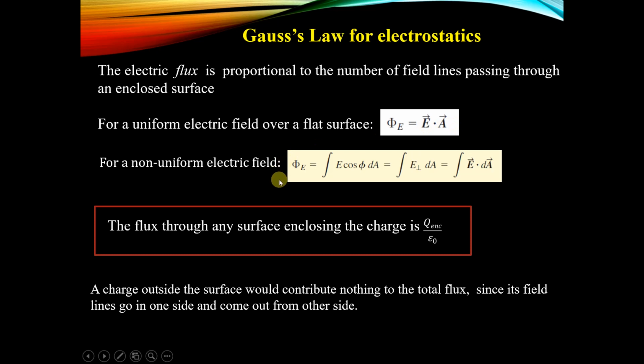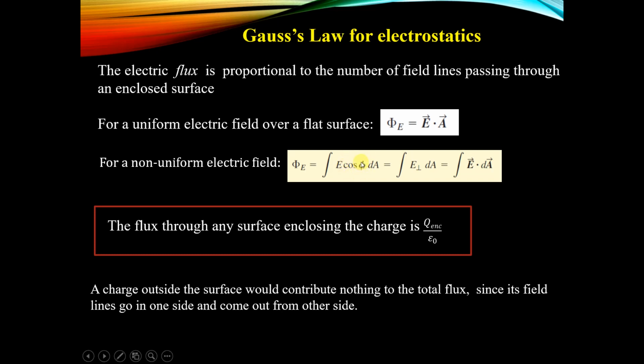Now what if the field is not uniform? Then obviously we need to consider the components of the electric field. So now the flux phi E can be written as integral of E cos phi into dA. What is this E cos phi? It's nothing but the perpendicular or the normal component of the electric field vector. So cos phi is the term representing this perpendicular component, E into cos phi.